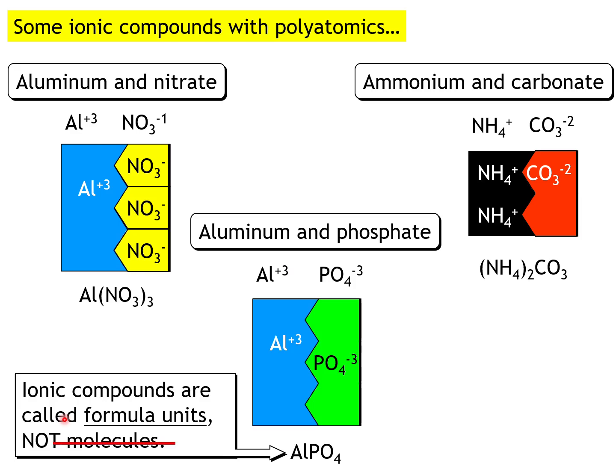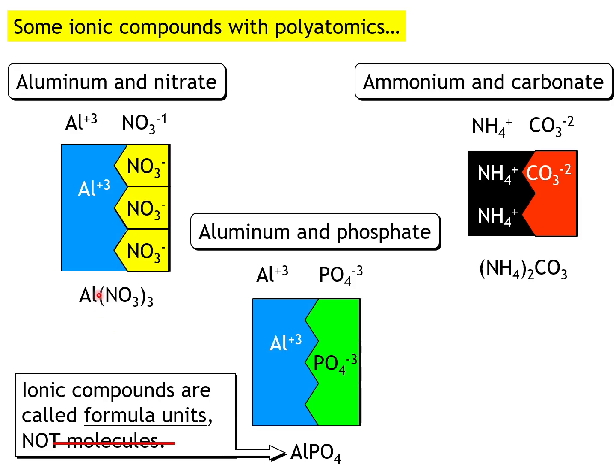Now, something that a lot of textbooks do, and it makes me just a little crazy, is that they call all compounds molecules. Remember, we have a crystal lattice of these things, alternating between cations and anions. That's why we are always going to simplify our formulas down to the lowest whole number ratio.